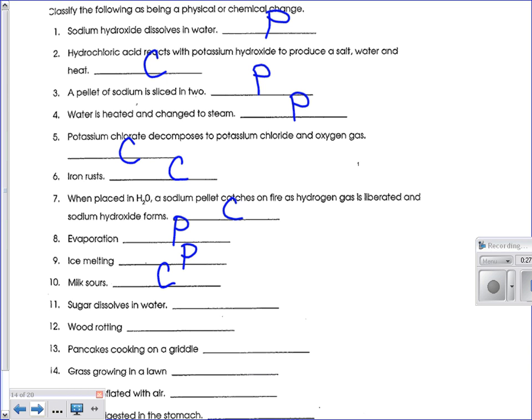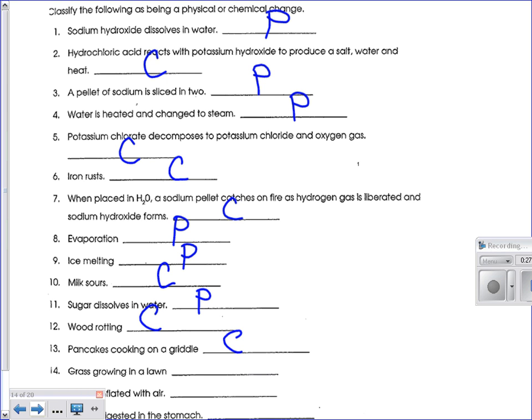So that's a chemical. Okay, sugar dissolves in water. Physical. Wood rotting. Pancakes cooking on a griddle. Chemical, because you're never going to get that egg back. It's never going to be the same. You're giving it enough heat to actually cause some bonds to break and new bonds to form.